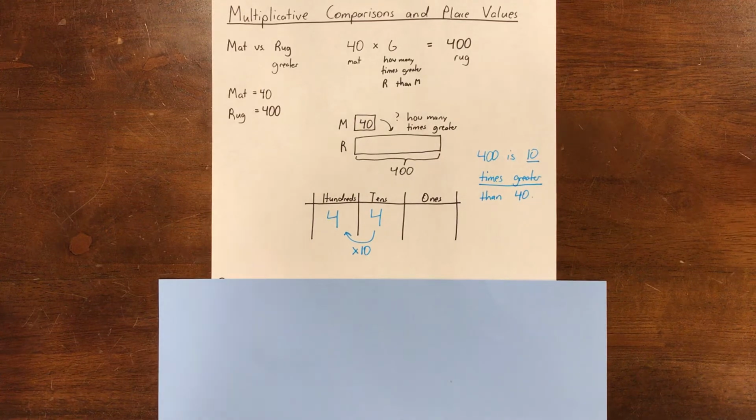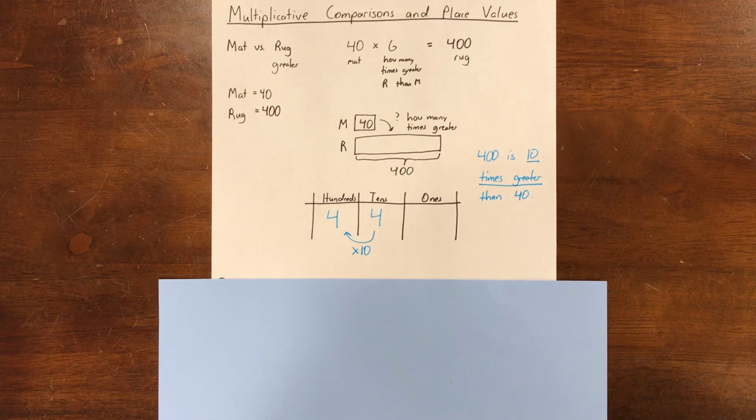And is that relationship only true for tens and hundreds, or is it also true for other places in our place value system? How do you know? Say it out loud. Yeah, it's not just true for tens and hundreds, is it?